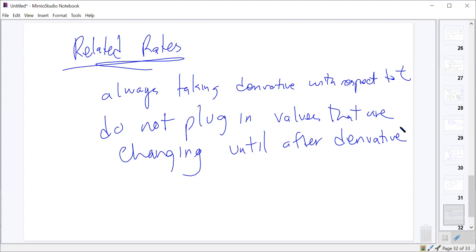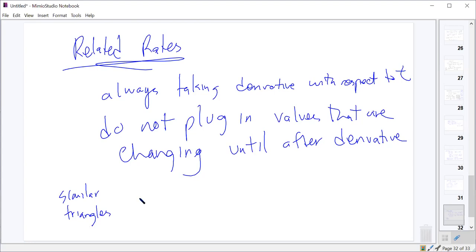Some of the things you want to look out for with related rates: I'm not going to do a bunch of related rate problems because the chances of you seeing more than one in the multiple choice, or maybe one in the free response, is slim. But look out for similar triangles, which pop up fairly often. Be careful if they give you trapezoids, because the rules for similar trapezoids are not the same as for similar triangles. You might need to break it up into a rectangle and a triangle.